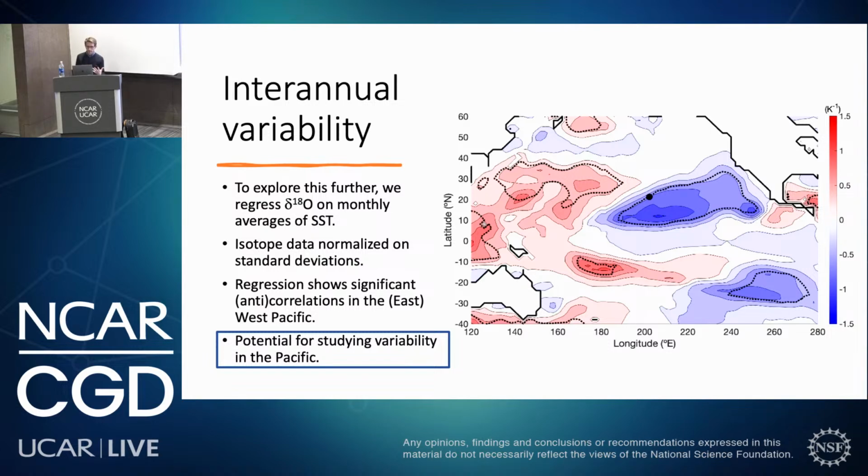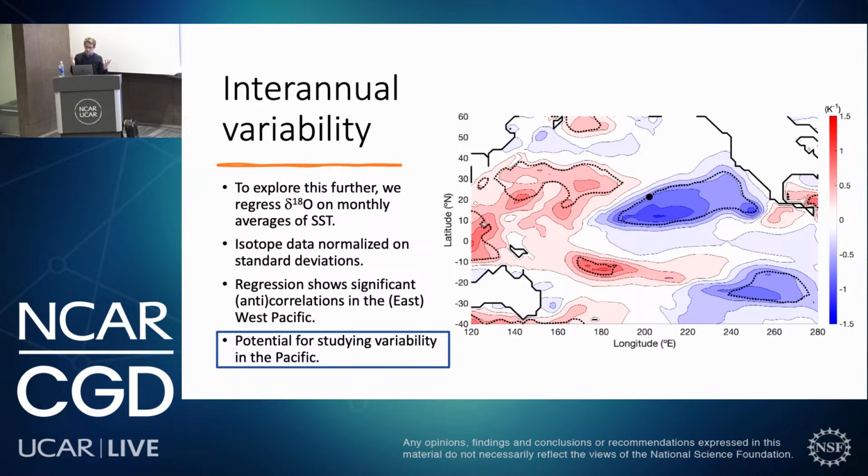But one interesting thing here is that I think there is some potential to link these data for studying the variability in the Pacific. Because this map of correlation seems to distinguish between the Eastern and the Central Pacific, there might be a way to use this also to differentiate between the Central Pacific El Niños and the Eastern Pacific El Niños.